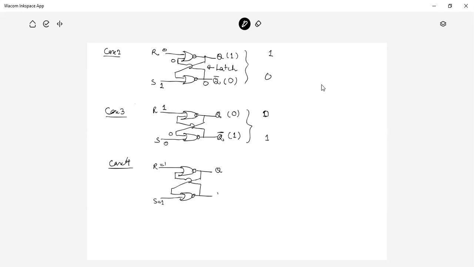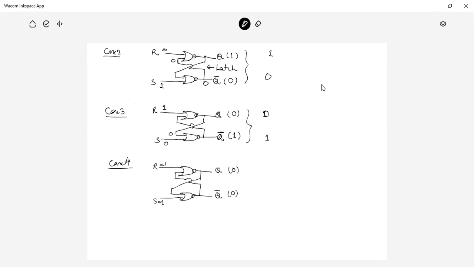Here it is Q and this is Q bar. So if any input is 1, the output will be 0. So in this case, Q and Q bar are 0. So both inputs are 1, then Q and Q bar are 0.